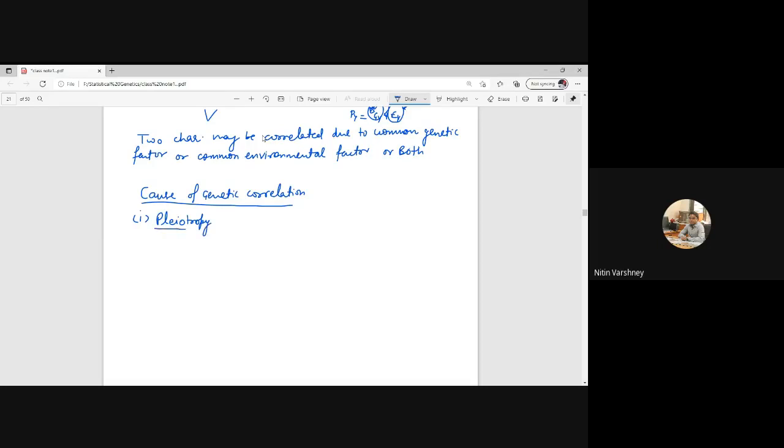What is pleiotropy? One gene will govern more than one trait.